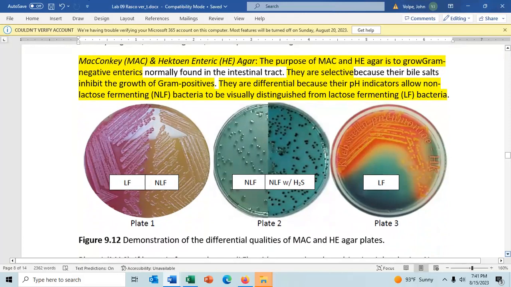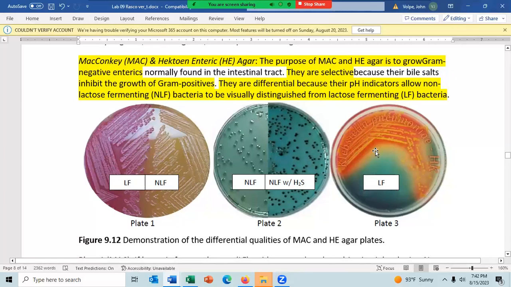If you do have growth, you can then assay the growth for fermentation. On MAC, if it's fermentation positive for the sugar lactose, the growth as well as the media will turn pink. If it's not fermenting the sugar lactose, the color will be its normal color, and here it's off-white.